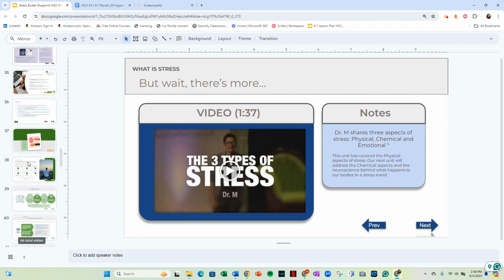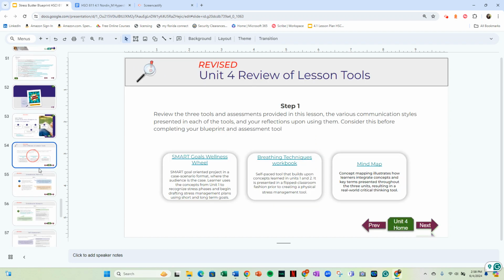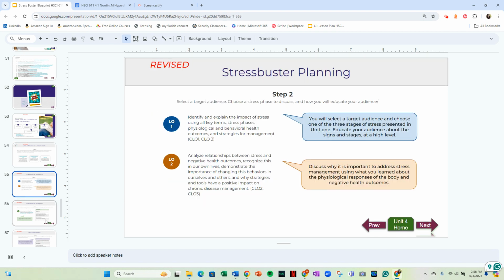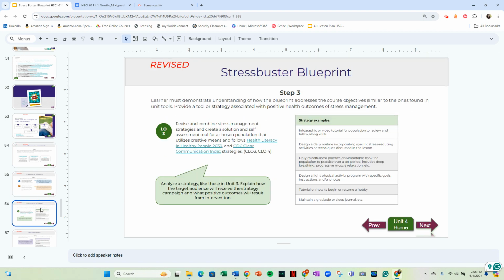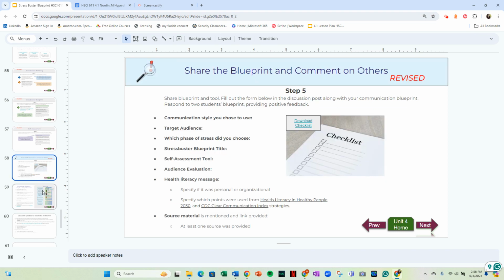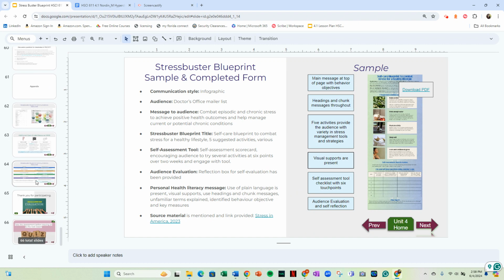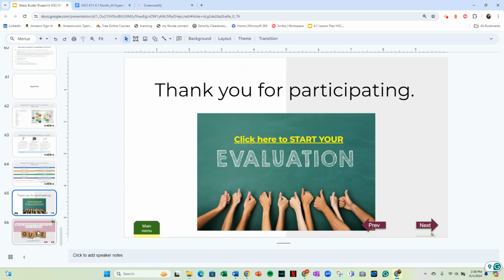At the very end are more resources for you to start putting your thoughts together and a step-by-step strategy of planning your Stressbuster Blueprint, what might be included as an assessment, tips about your blueprint and intake form. And then finally, I've broken down what I did, which you saw a little bit earlier, in accordance to the CDC Health Literacy Index. At the back end, we have an evaluation tool.